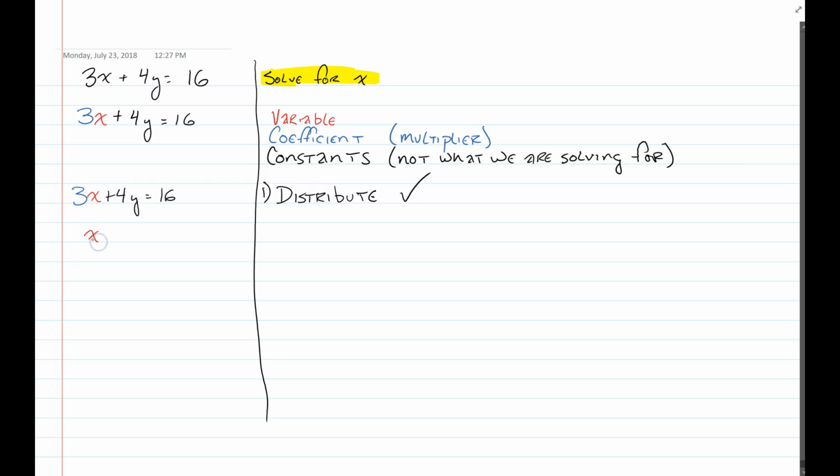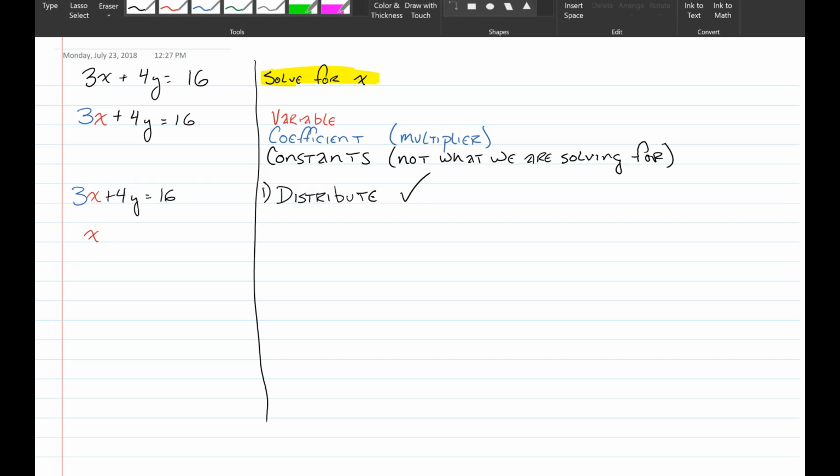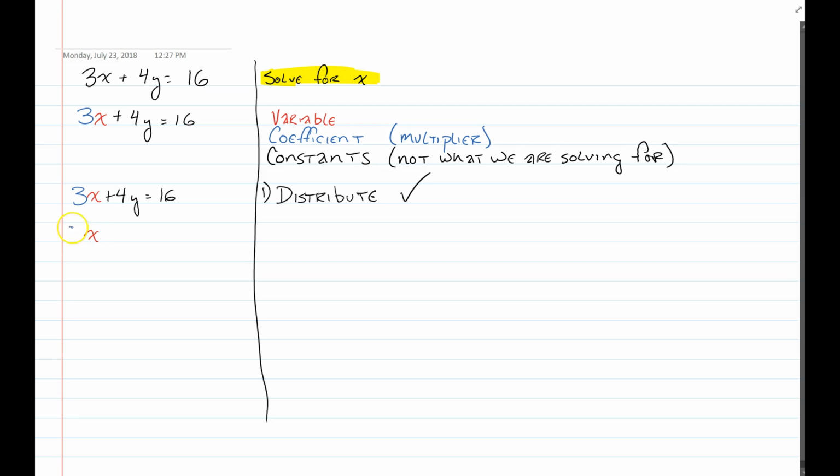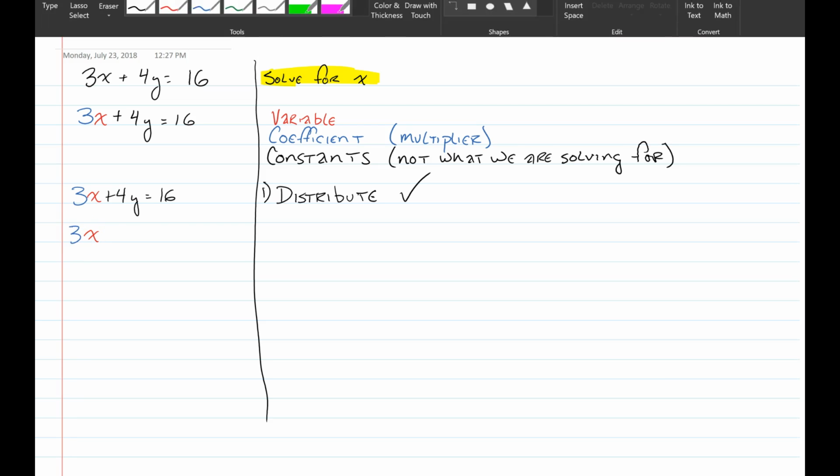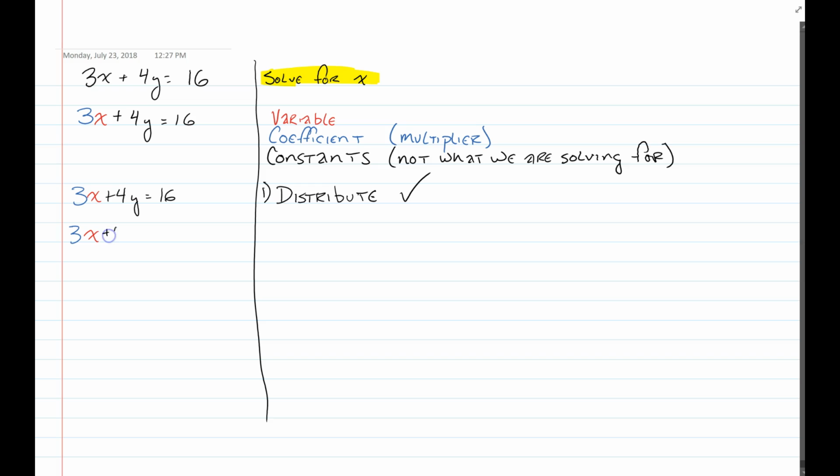Good, and then step 2 is going to be combining any like terms. 4y equals 16. 2, we combine our like terms, just like we have in our notes.